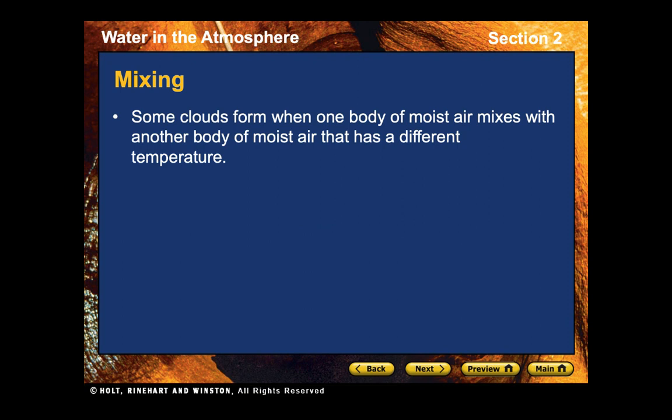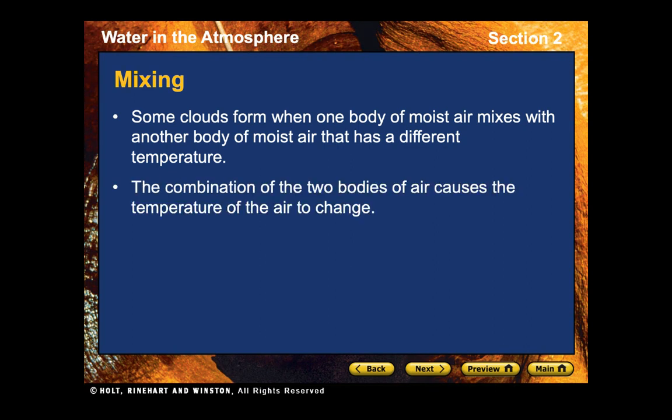Mixing. Some clouds form when one body of moist air mixes with another body of moist air that has a different temperature. This combination of the two bodies of air causes the temperature of the air to change. So as these two combine, hot and cold, we're going to get an in-between of this.